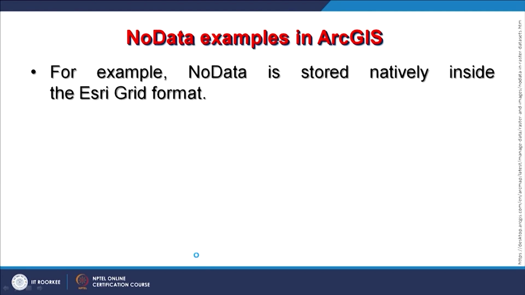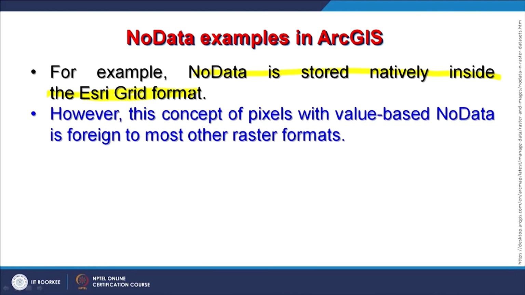Now, how do we handle this in different software? I am taking an example from ArcGIS. No data, as you know, is stored natively inside the grid format, and not only in the grid format, but most of the grid formats being used in GIS can handle it very well nowadays.